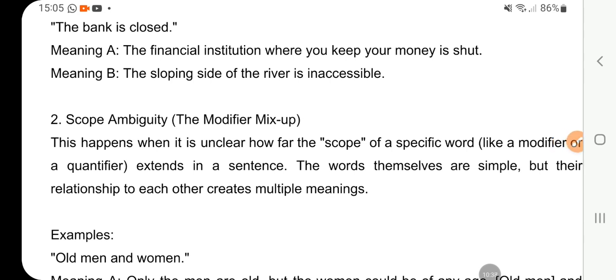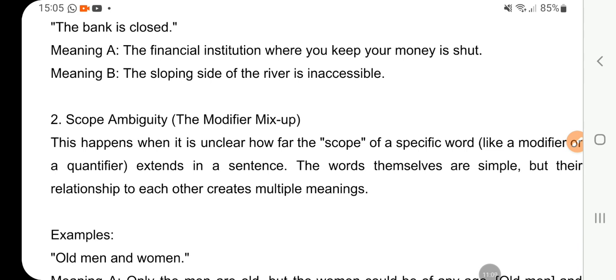So they create a hurdle, and it is not accessible to common people. So that is also not clear. The bank is closed means whether they have banned common people from going, or the financial institution is closed, or the river bank is closed, not clear, right?